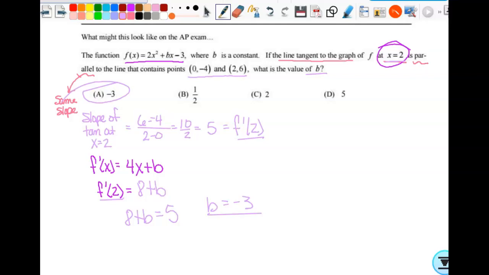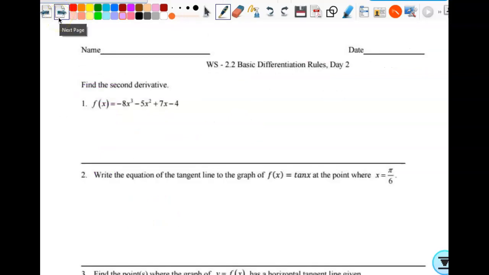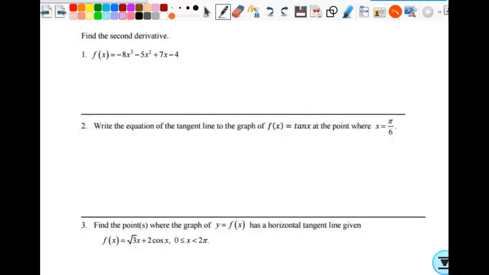Okay, so I'm going to give you the assignment. We're going to do the first one together, because although it's fairly simple, it's the first time you've seen it. So I'm not sure why it's on here, but I left it anyway. So it says to find the second derivative.